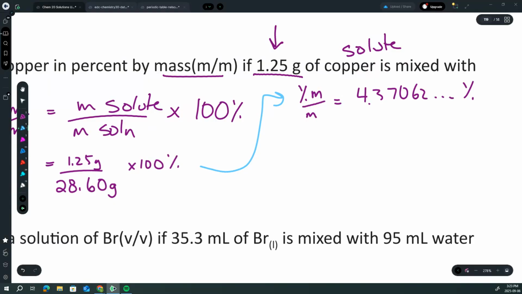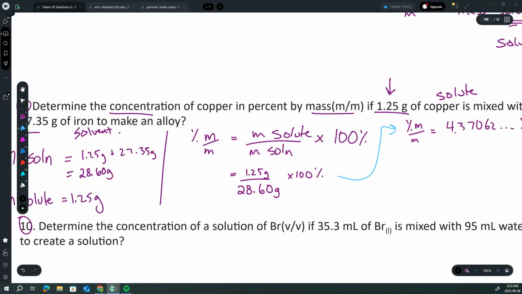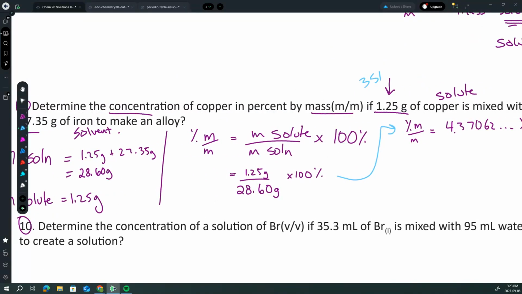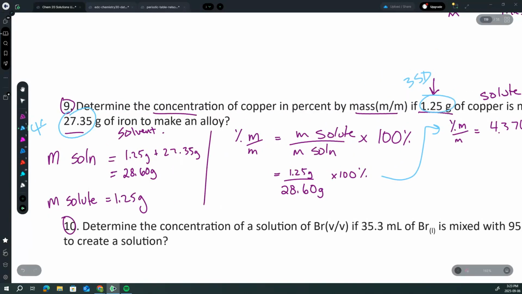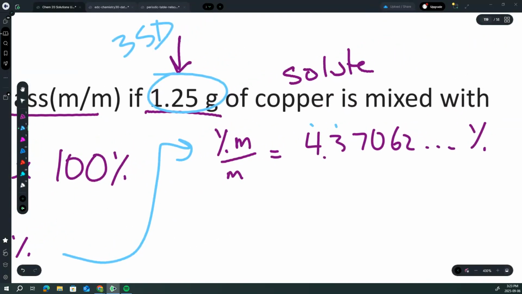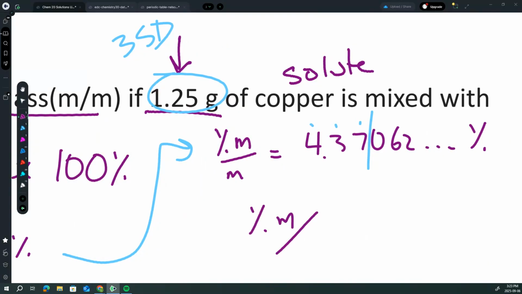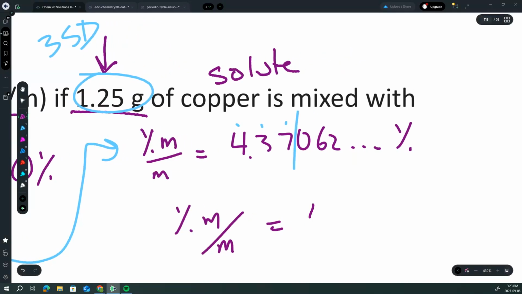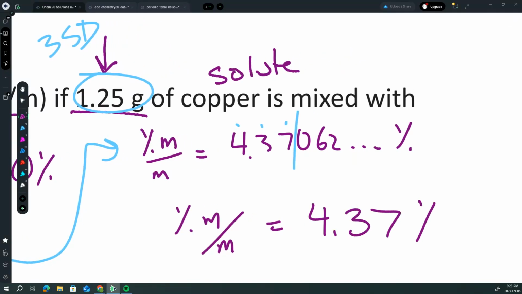Percent. Looks like the least amount of sig digs that I have is 3 sig digs, coming from here, because this number has 4 sig digs. So 3 sig digs, 1, 2, 3. There's my cutoff line. So percent mass by mass is equal to 4.37%.